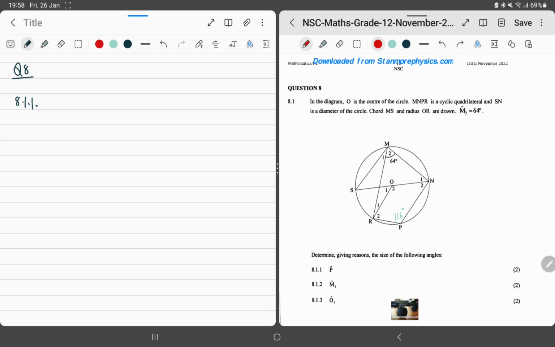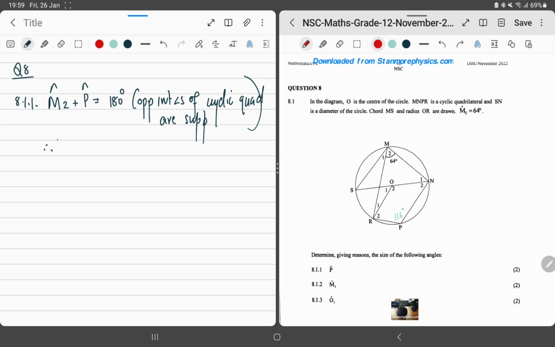8.1.1, they want P. We said M2 plus P is equal to 180 degrees. Opposite interior angles of a cyclic quad are supplementary. This means that P is equal to 116 degrees. 8.1.2, they want M1.